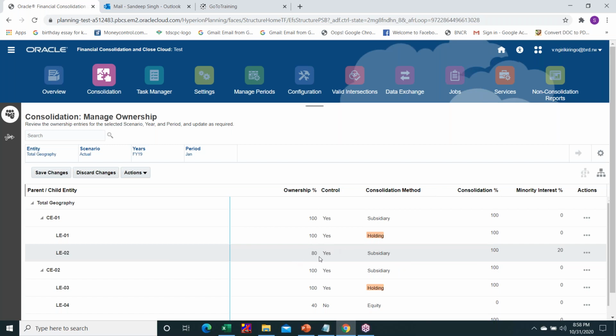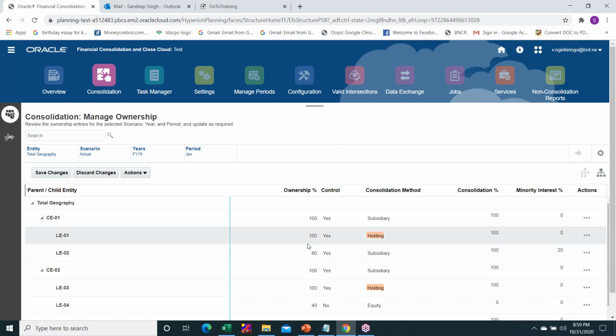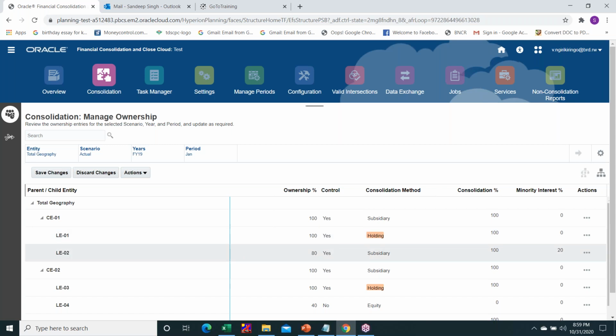And here I have given the ownership percentage, that is 80%. If I have defined here the 80%, the application will automatically determine the 20% for the minority shareholder. This is the subsidiary method of consolidation.